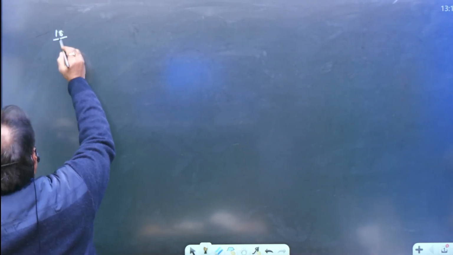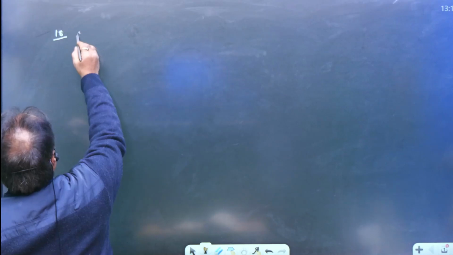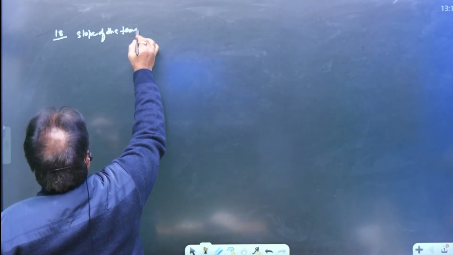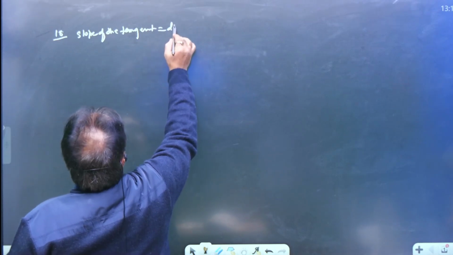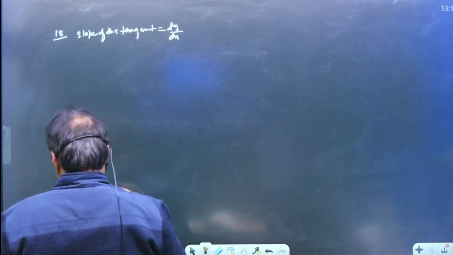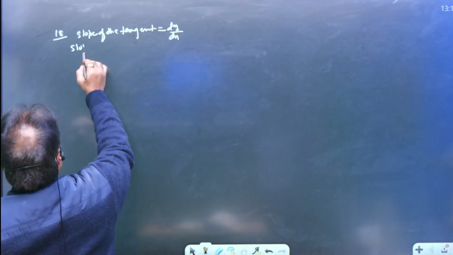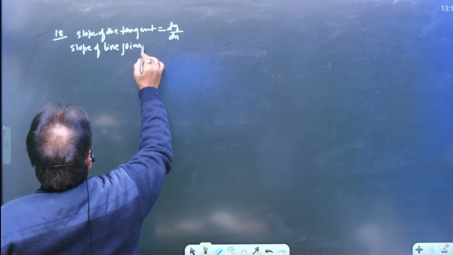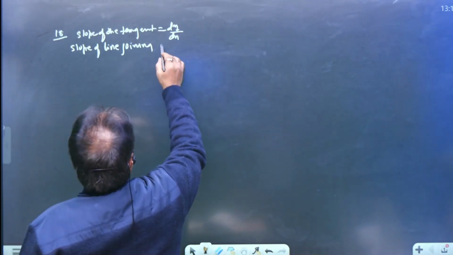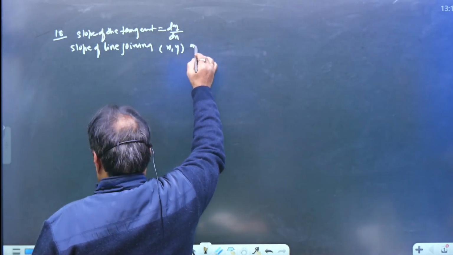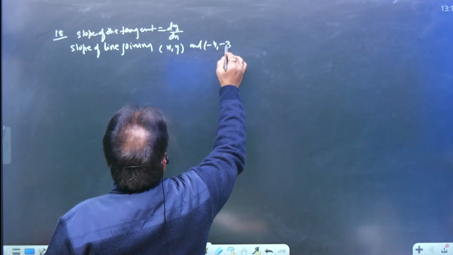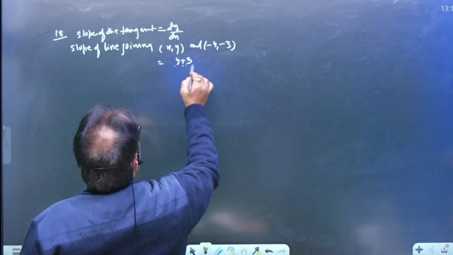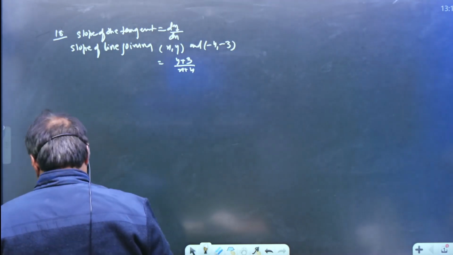Question number 18. So the slope of the tangent is equal to dy by dx, and the slope of the line joining the two points x, y and minus 4, minus 3 is equal to y plus 3 upon x plus 4, right?